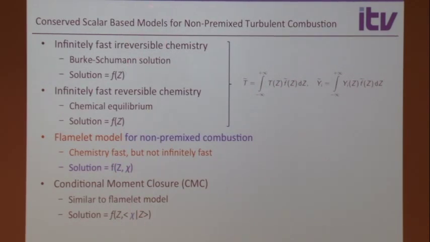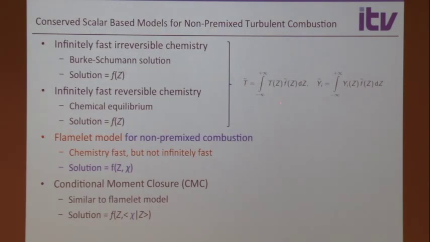We already talked about these two in the limit of infinitely fast, irreversible chemistry. Or infinitely fast chemistry in general, the temperature and the mass fractions are only a function of mixture fraction. Now, this is always given a certain energy level and given a certain pressure.